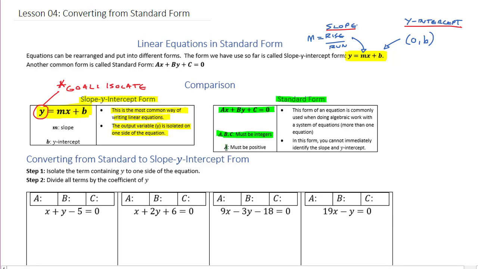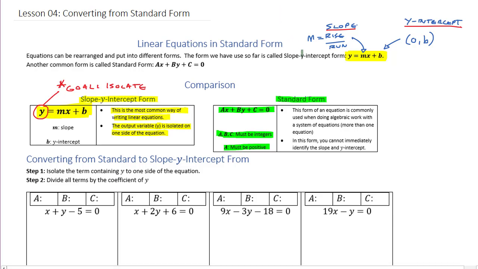There's a couple of rules. A is supposed to be positive, and A, B, C are supposed to be integers to be in standard form. We're not supposed to have fractions. But the good news is we don't need to work with it in standard form. What you're going to need to do is get it out of standard form and into y equals mx plus b form.